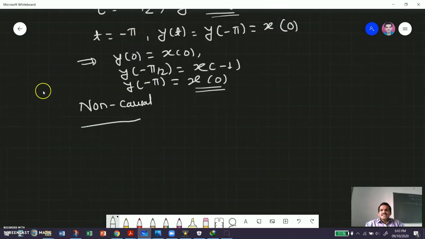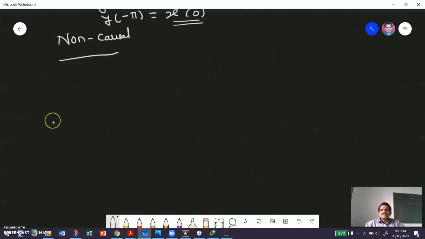A system is said to be linear if it follows the superposition principle, that means it follows the additivity as well as the homogeneity property. So let us consider the system y of t equal to x of sine of t.